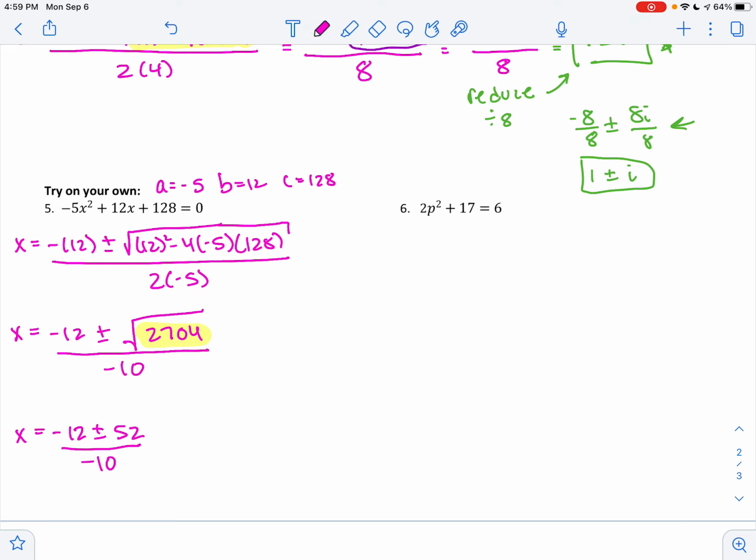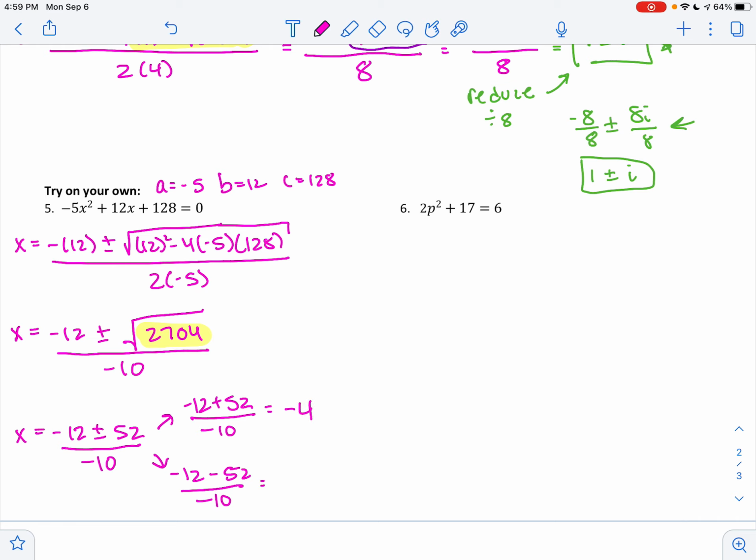From here, negative 12 and 52 are like terms, so I can keep going. So I'll have negative 12 plus 52 divided by negative 10, and negative 12 minus 52 divided by negative 10. Negative 12 plus 52 is 40. 40 divided by negative 10 is negative 4.